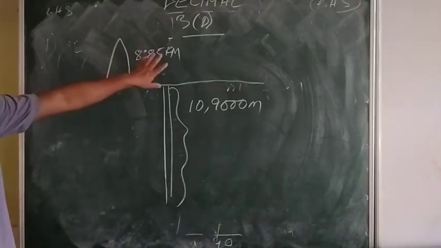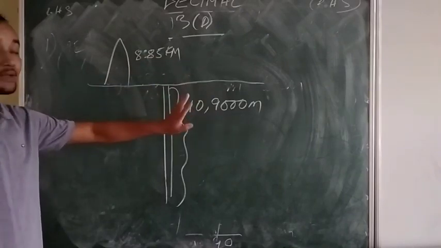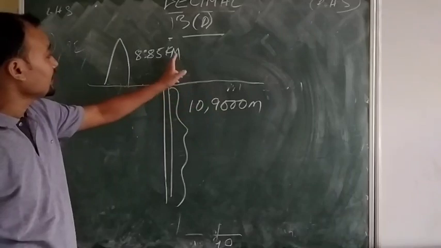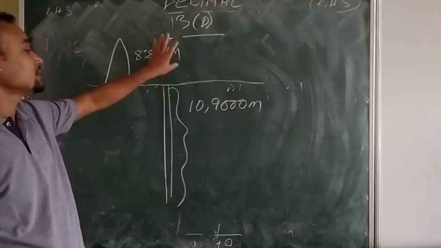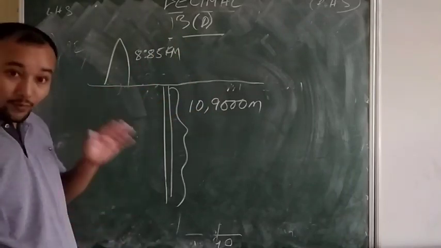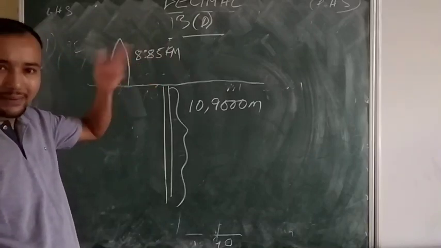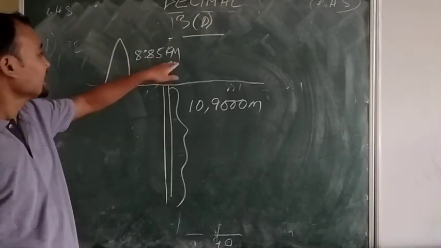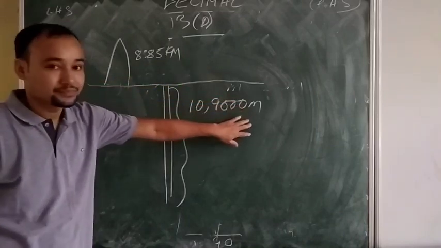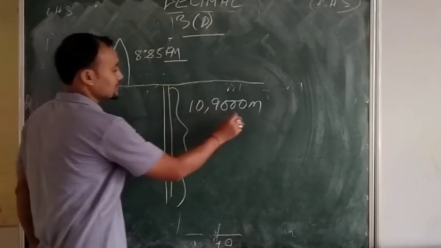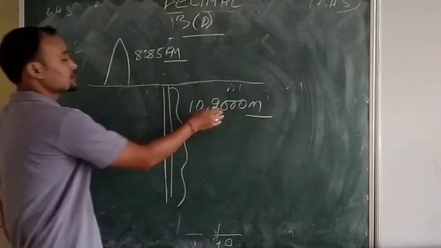Now, 8.85 kilometer and the other is in meter. You do one thing: you can convert both the terms into kilometer or both into meter, but you follow one system of units. You know they have systems of units: CGS unit, MKS unit, FPS unit. If you want to keep the answer in kilometer, you have to make this kilometer.